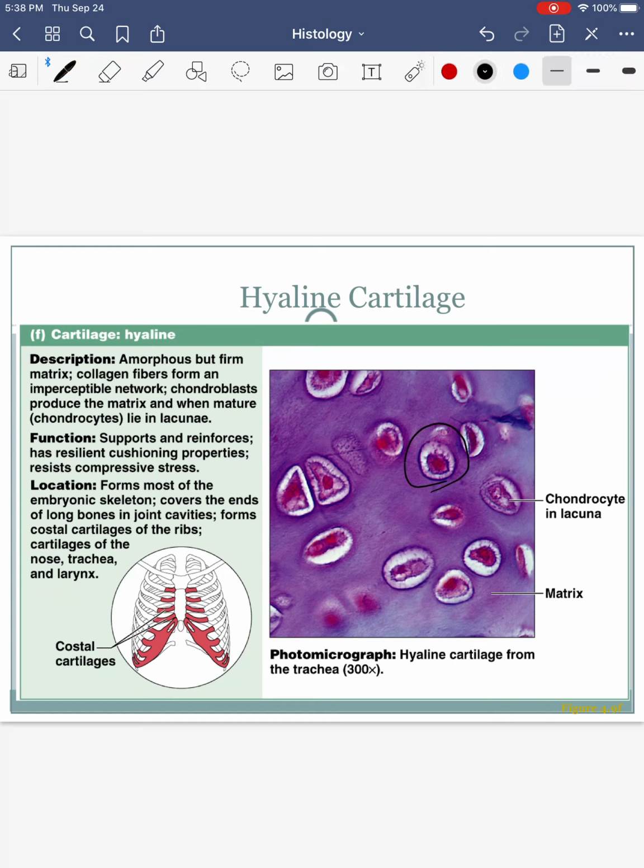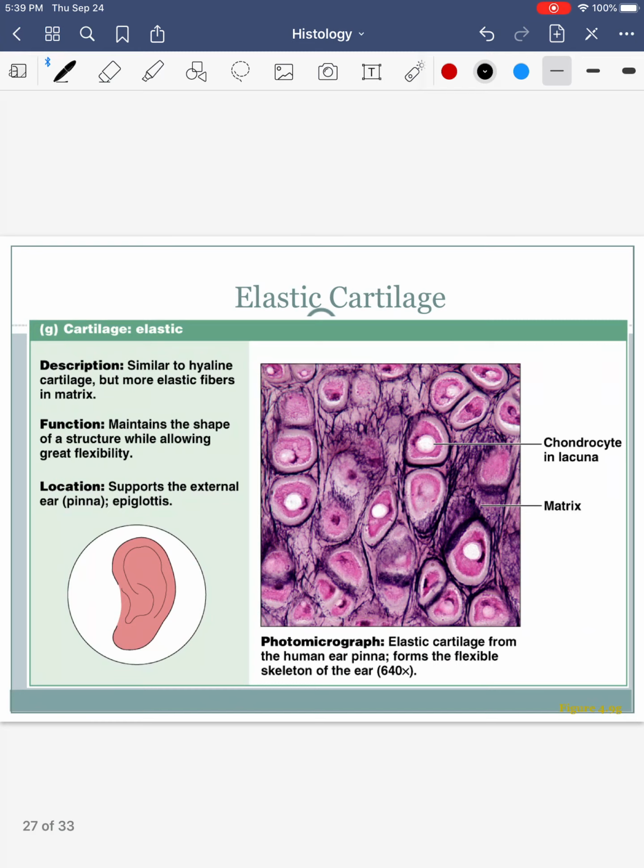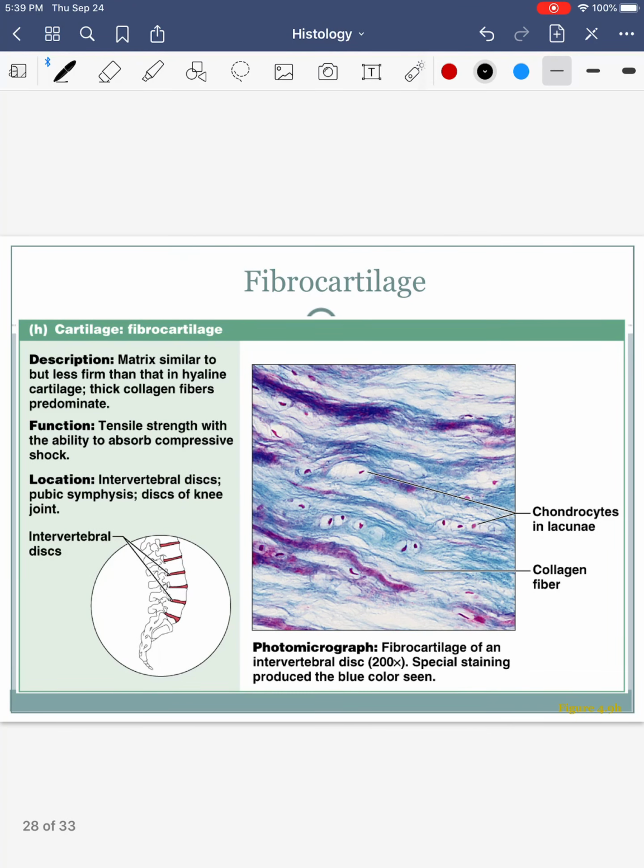So if I circle a cell here, it has a dark nucleus and then surrounded with some lighter color around it. So to me, it looks like an eyeball. Look at this one. These look like Halloween eyeballs, don't they? In this case, the center is lighter and the outer part is a little bit darker, but still it's a different color in the center versus the outer part of the cell. And then in fibrocartilage, we have little beady eyes, where again, the inside is dark and the outer part is lighter.